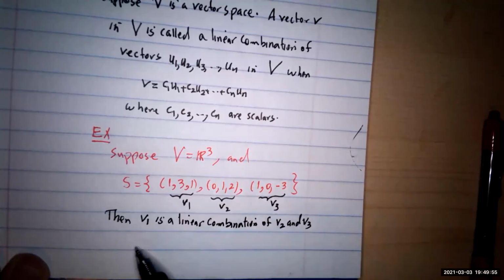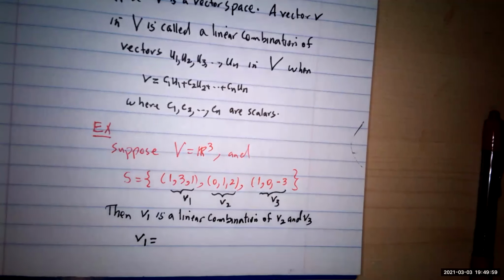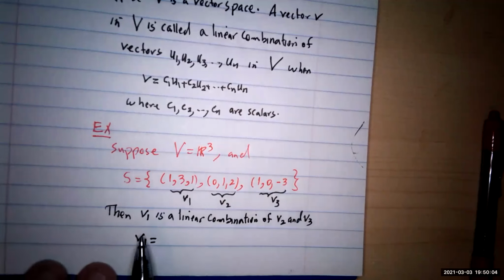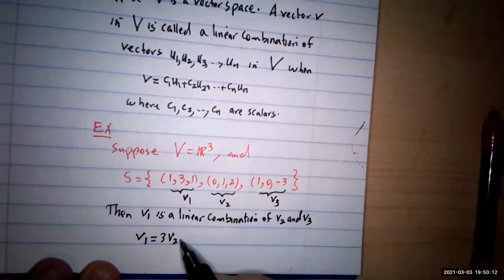So this means I can write V1 as a number times V2 and a number times V3. And this is going to be the case. The suggestion is V1 can be written as 3V2 + V3.